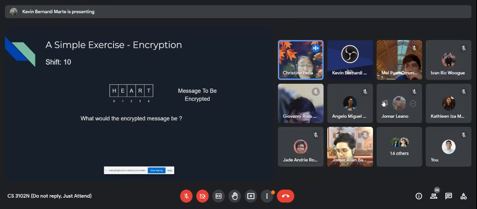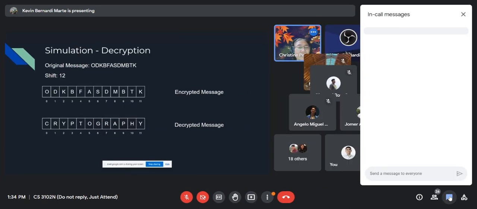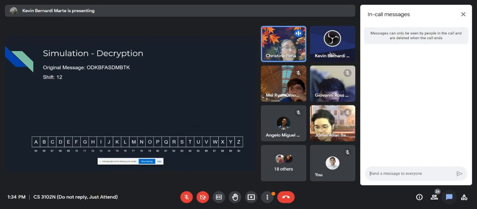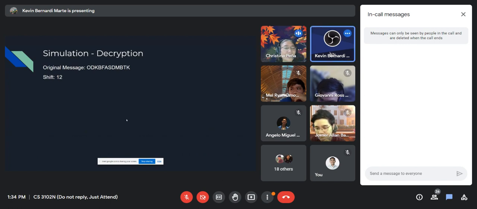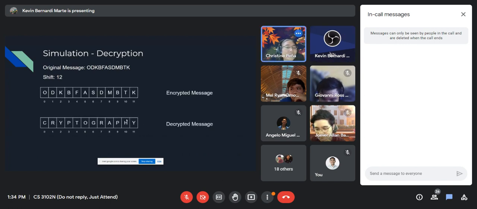Perhaps you can go back to your previous slide so that it will be easier for them rather than them constructing. This is a shift 12. Yeah, this is a decryption one.